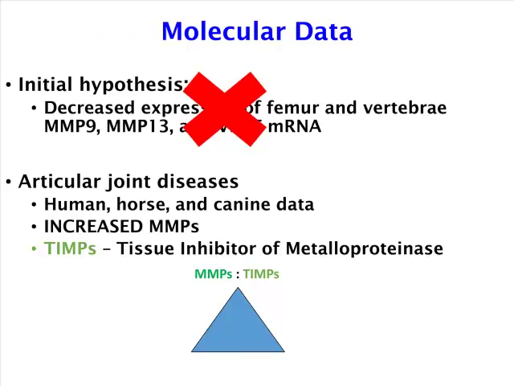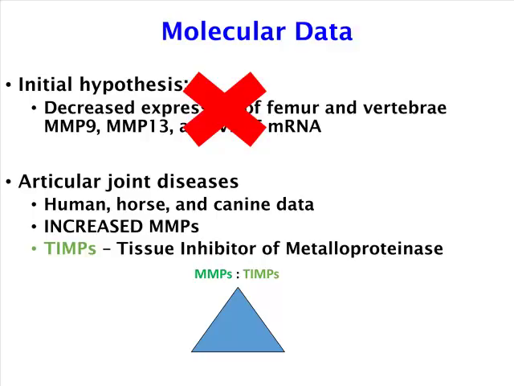And so, as stubborn as I can be, Tom tells me, I decided to dig a little bit deeper into the literature to see what I missed. And I got reading some of the papers on the articular joint diseases, and a lot of those papers are in humans, horses, and dogs, because horses and canines especially suffer with lameness issues, much like pigs do.